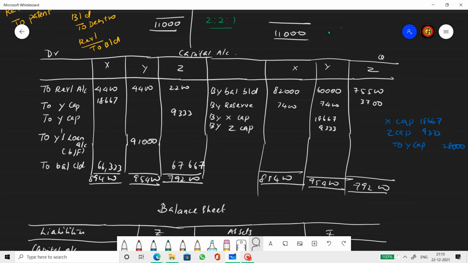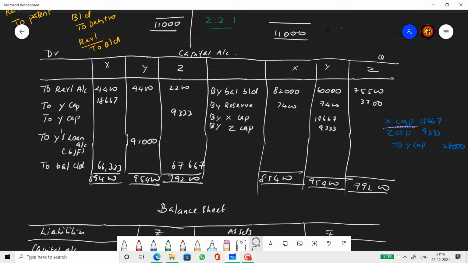Now when you post this entry, it's very important to do it in a proper way. So by X capital, by Z's capital, in Y's column 18,667 and 9,333. I'm repeating this. By X, by Z, their respective figures, in Y's column, because Y's capital account is credited by 28,000. So you are putting a credit of 28,000 in Y's capital account.